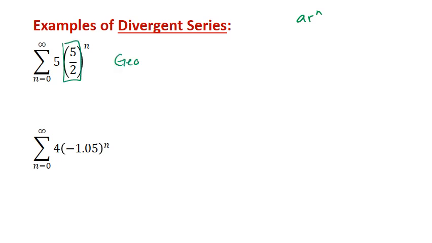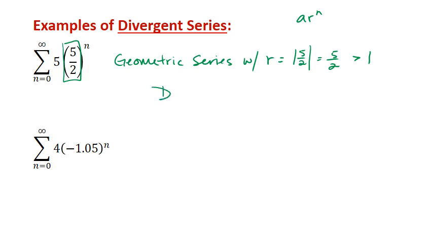So this is a geometric series because it takes on this form, and r is equal to the absolute value of 5/2, which is 5/2. This is greater than 1. Since this is greater than 1, this series diverges by theorem 9.6.